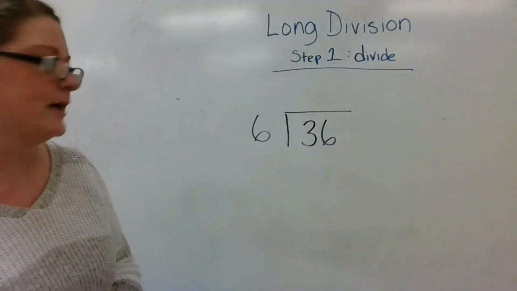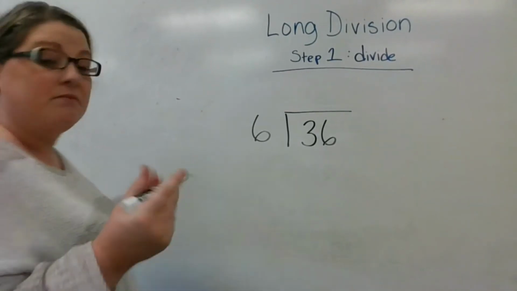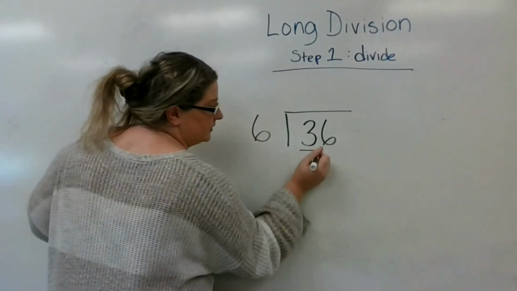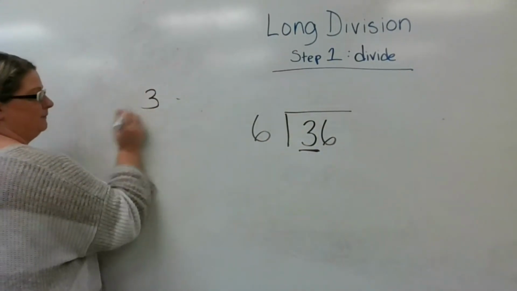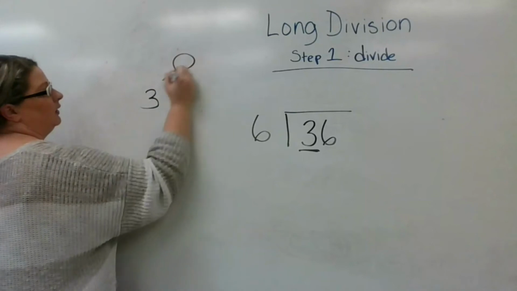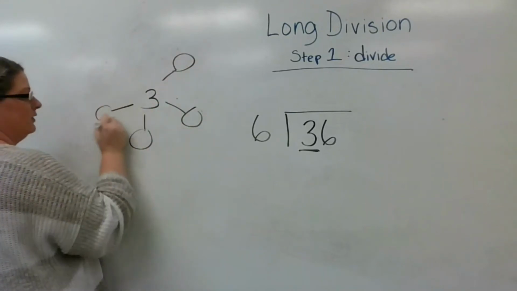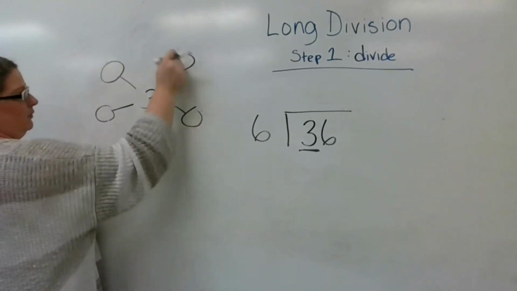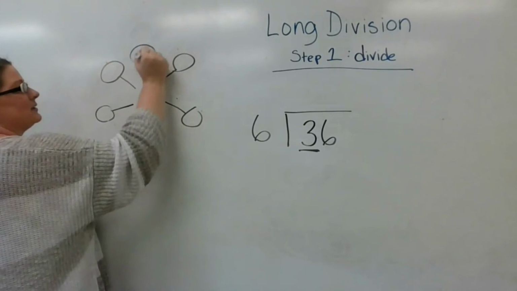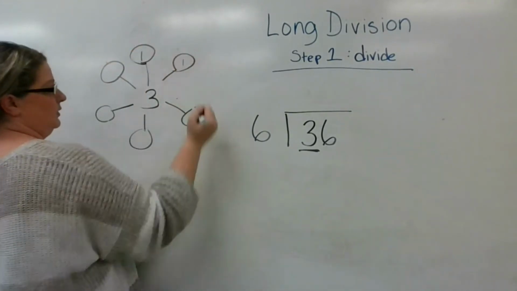So our last example is going to be 36 divided by 6. Like we've been doing, we're going to go to this first one. All right, so we have a 3, and we need to split equally into groups of 6. If we count it out, we got 1, 2, 3.